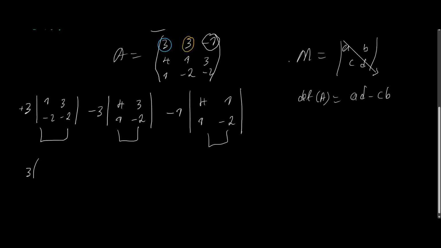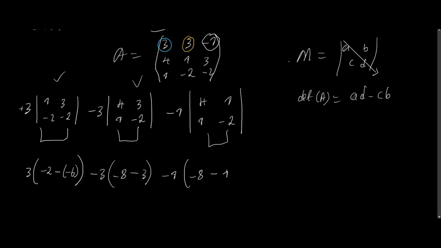So this will be 3 bracket 1 multiplied by -2, which is -2, minus, remember there's a minus in the formula, -2 multiplied by 3, which is -6. Then -3, 4 multiplied by -2 is -8, minus, remember the sign, 1 multiplied by 3 is 3. Finally, -1, 4 multiplied by -2 is -8, minus 1 multiplied by 1 is 1.